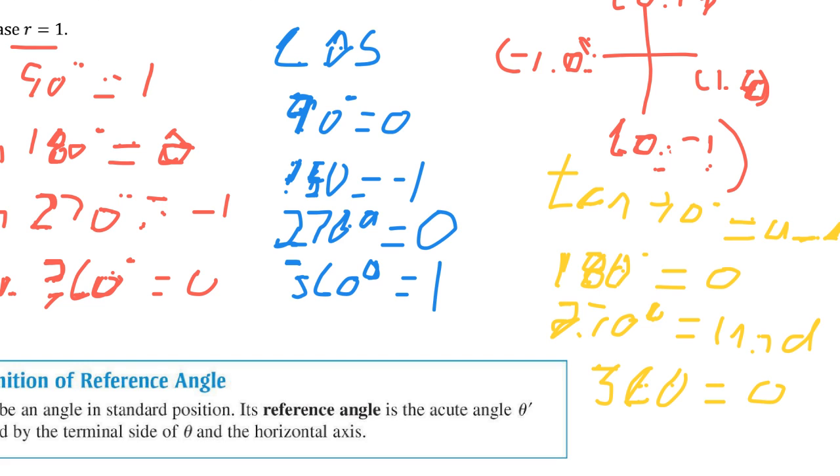And cotangent of 180 is negative 1 over 0, which is undefined. So where you have an undefined for the tangent, you're going to have a 0 for the cotangent. Where you have a 0 for the tangent, you're going to have an undefined for the cotangent. And that's how we work with the quadrant angles.